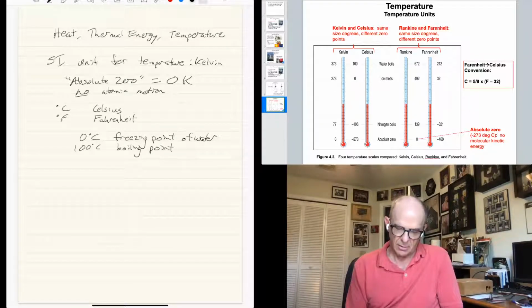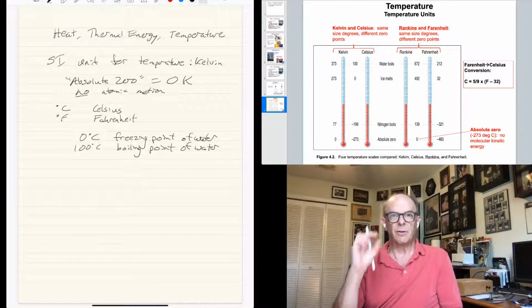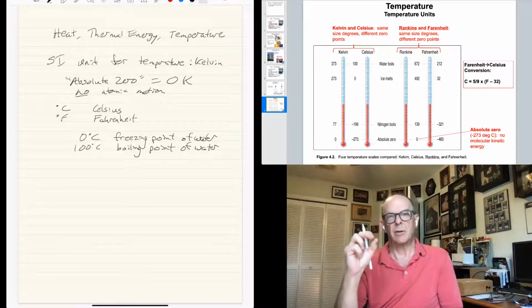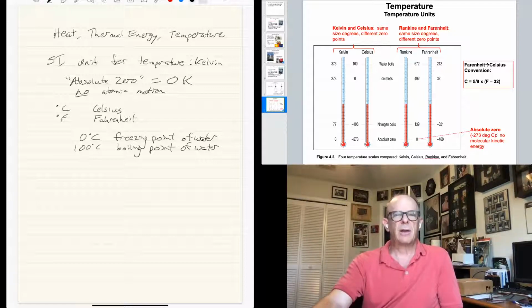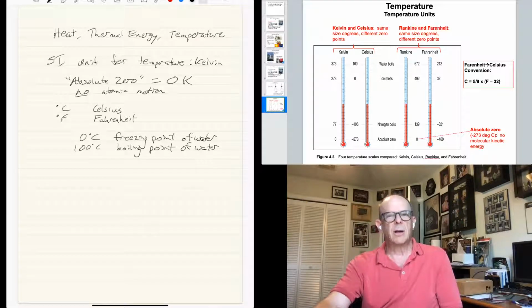And happily, the Kelvin temperature scale uses the same size increment as the Celsius temperature scale. So on the figure here, you can see that on the left two thermometers on the Kelvin scale, at 273 Kelvin is 0 degrees Celsius, and 373 kelvins is 100 degrees Celsius.